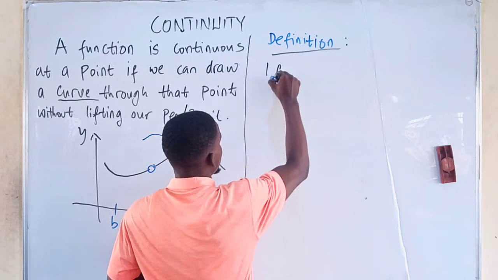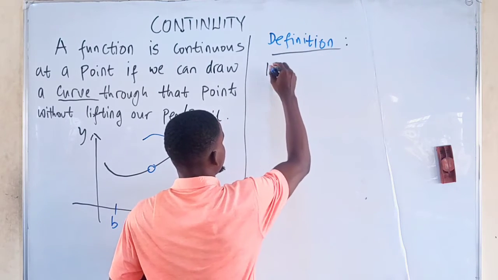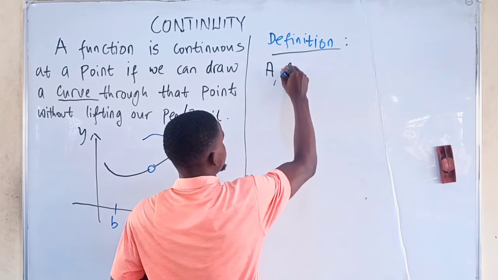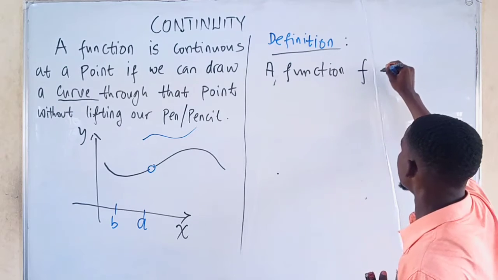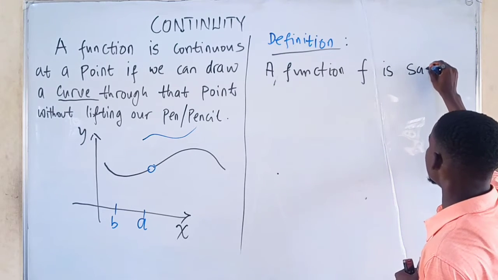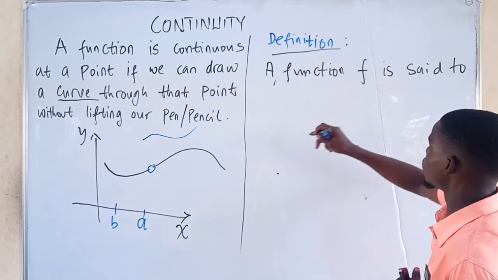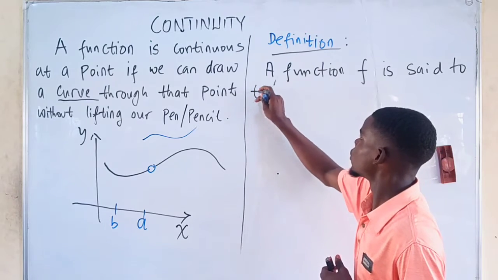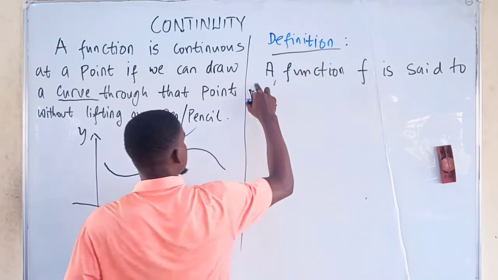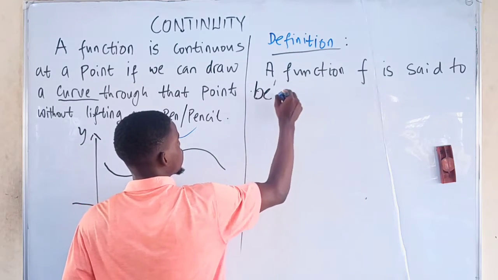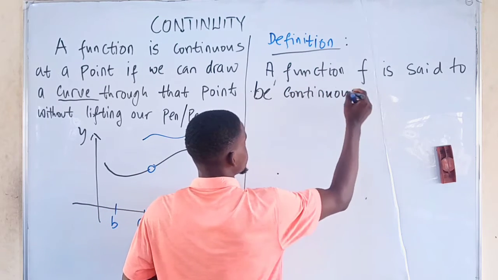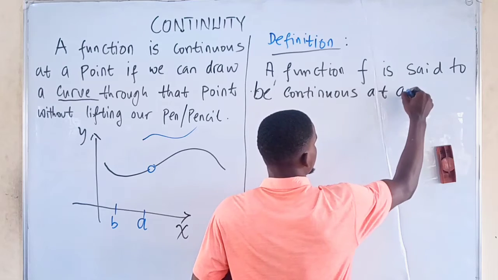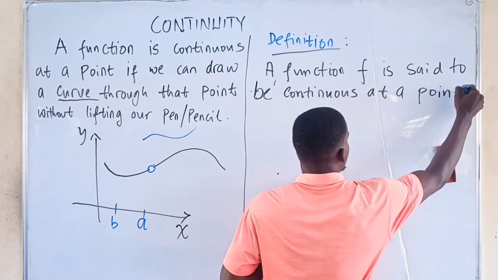So let me put it down. A function f is said to be continuous at a point, let's call that point c.